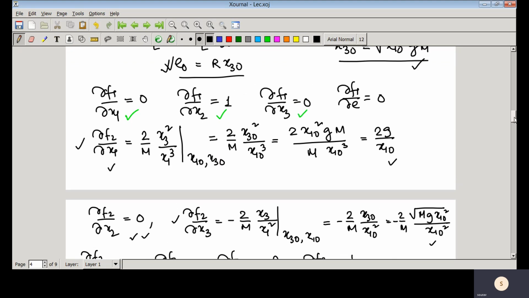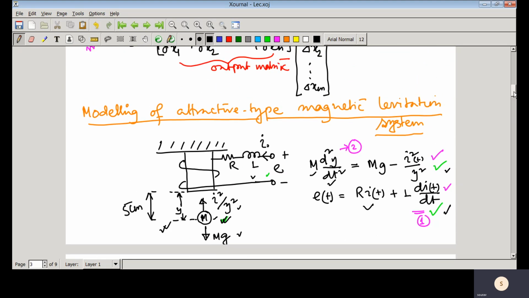So let us see what we have done here. This is the modeling of an attractive type magnetic levitation system. This is a physical system with one winding, the solenoid. Whenever current is passed through this coil, an attractive force is generated, and this is a steel ball that has some mass. Because of that mass you have mg, and that mg is balanced by this particular force.